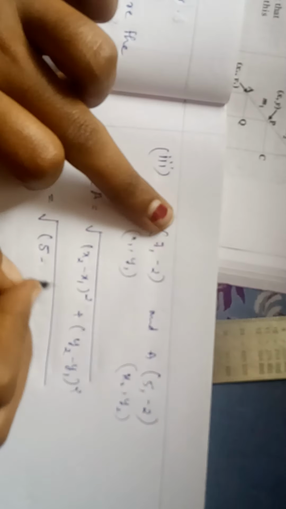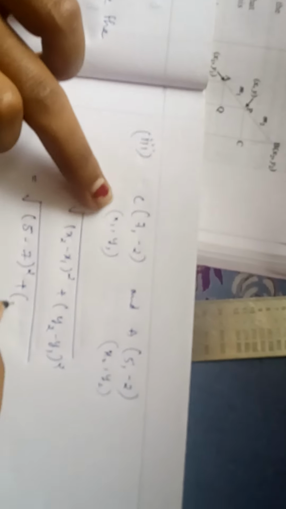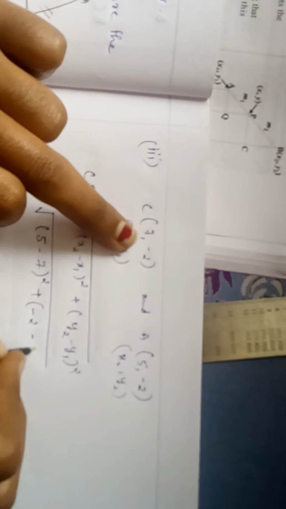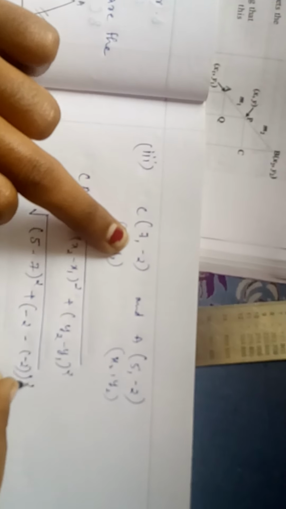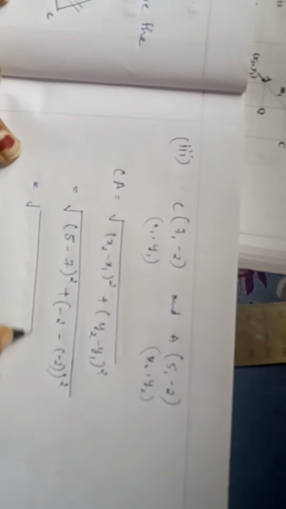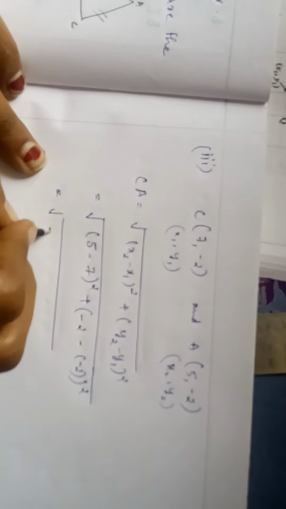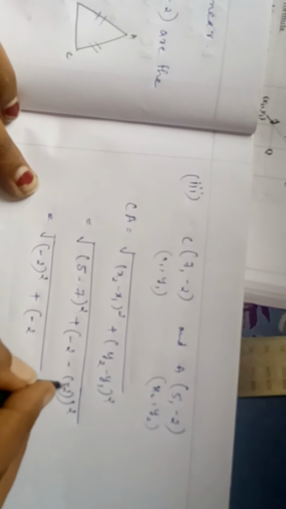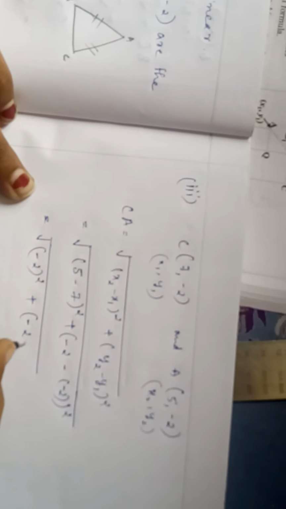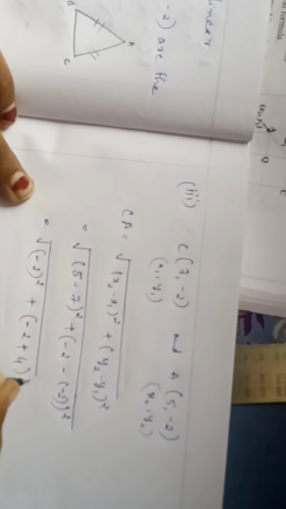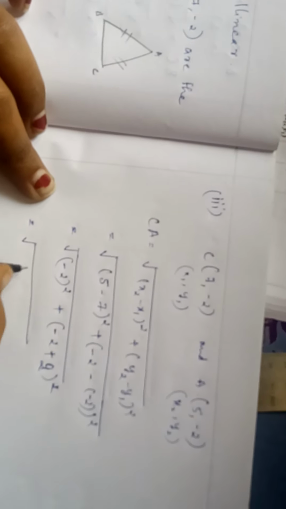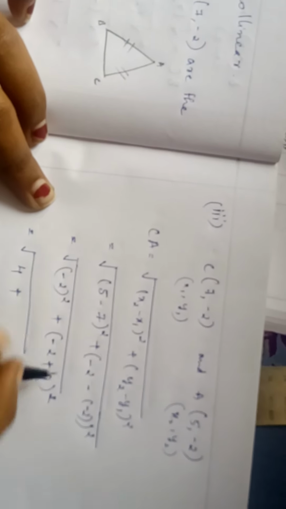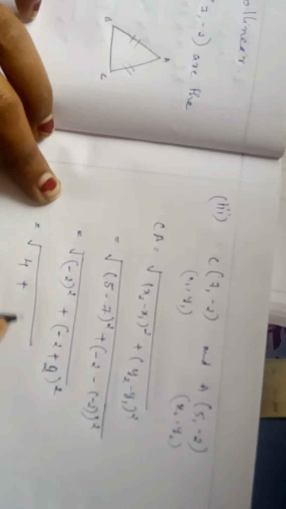That is square root of (5 minus 7) whole square plus (minus 2 minus of minus 2) whole square. 5 minus 7 is minus 2 whole square, which is 4, plus minus 2 plus 2, which is 0.